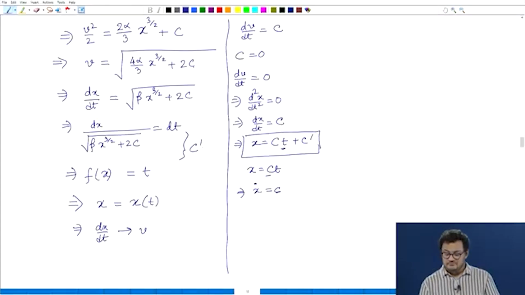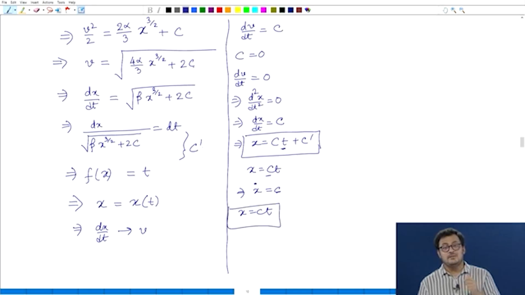This type of thing is also a constant of motion, and we will encounter different types of constants of motion also in today's discussion, a little bit later. So, the whole solution will simply be x is equal to ct. It will be a straight line passing through the origin with slope c, because dx by dt is c.